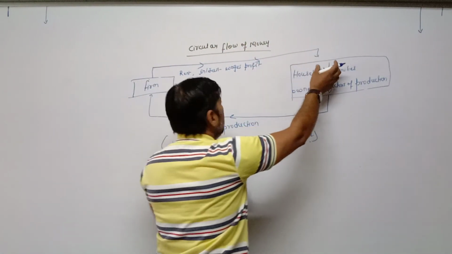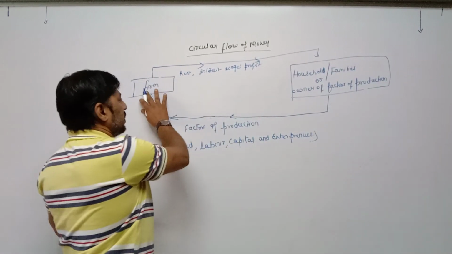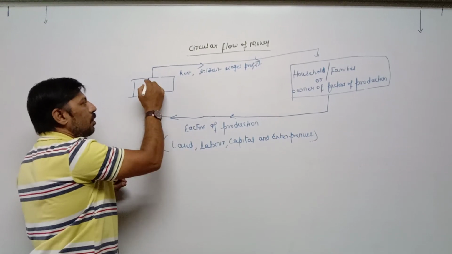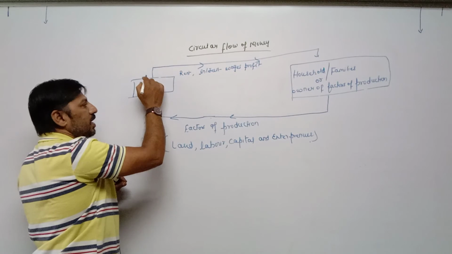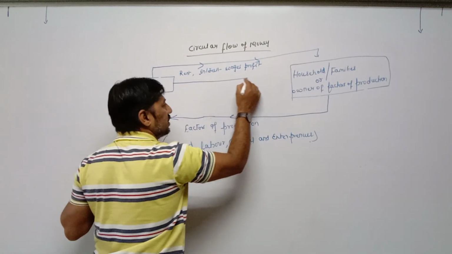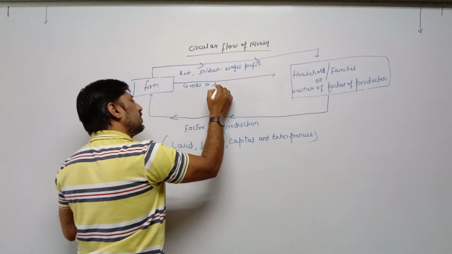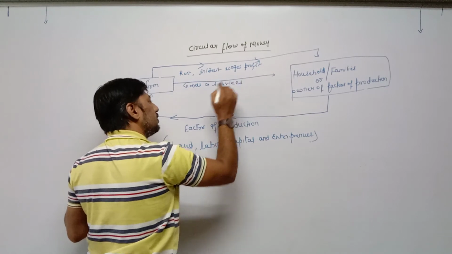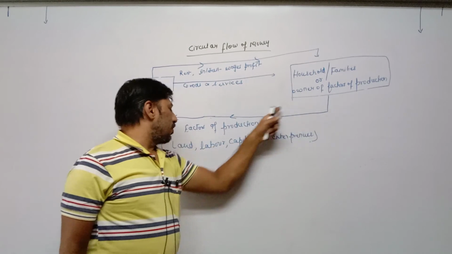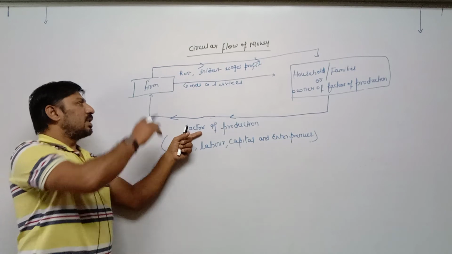After receiving money, household or families... when firms get factors of production, they are able to produce goods. So now firms are producing goods and supplying goods and services to household. First of all, firm has taken the services of factors of production, and with their help they are producing goods.